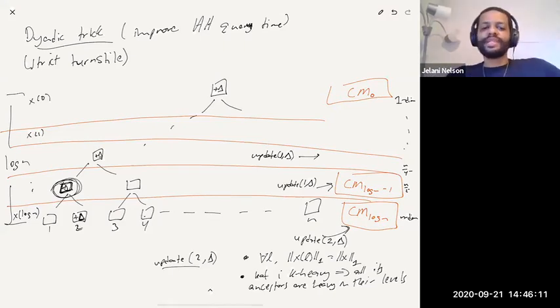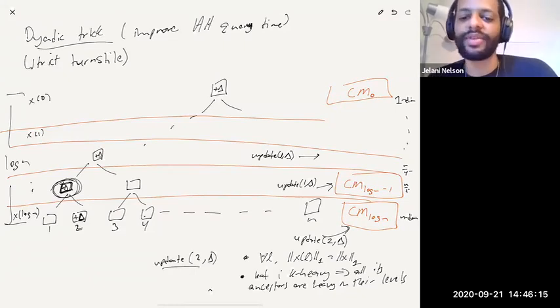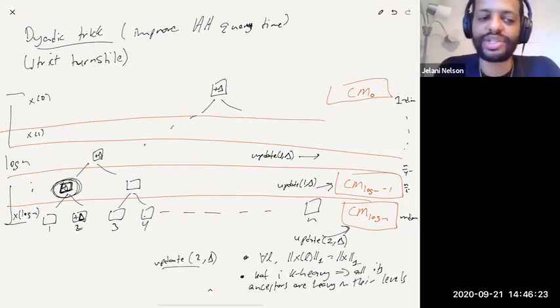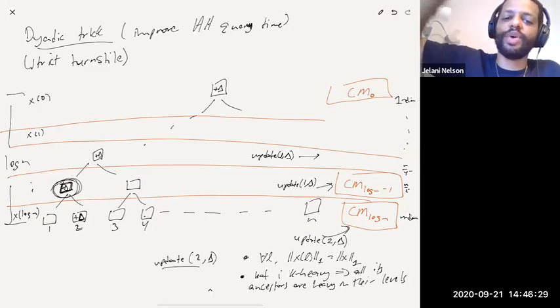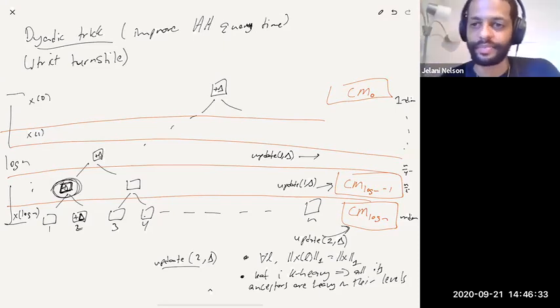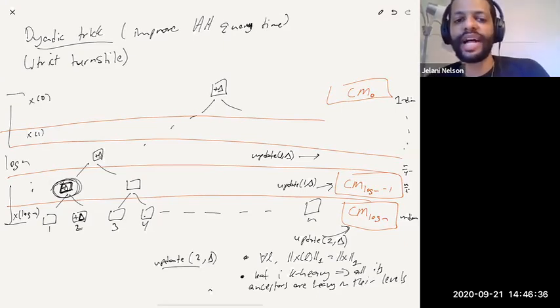So this motivates the following query algorithm. First of all, is it clear what the update algorithm is? If someone says update (i, delta), you process that at the bottommost Count-Min sketch, but then you walk up the tree, the leaf-to-root path, and make an update at each level to the corresponding internal node, which is an ancestor of i at that level. Now, what's the query algorithm? It's going to be some kind of breadth first search.